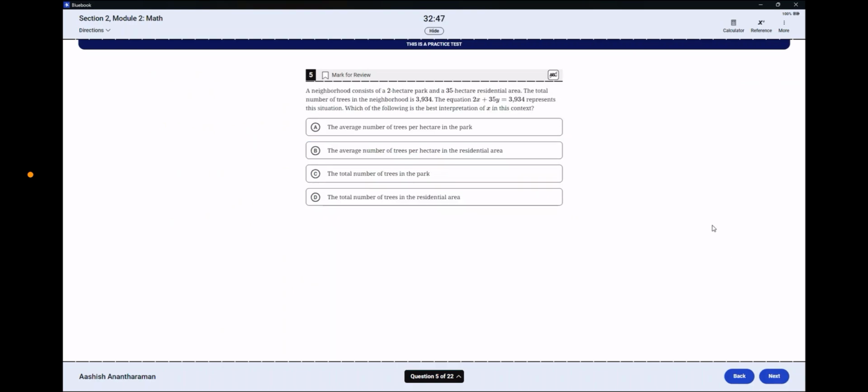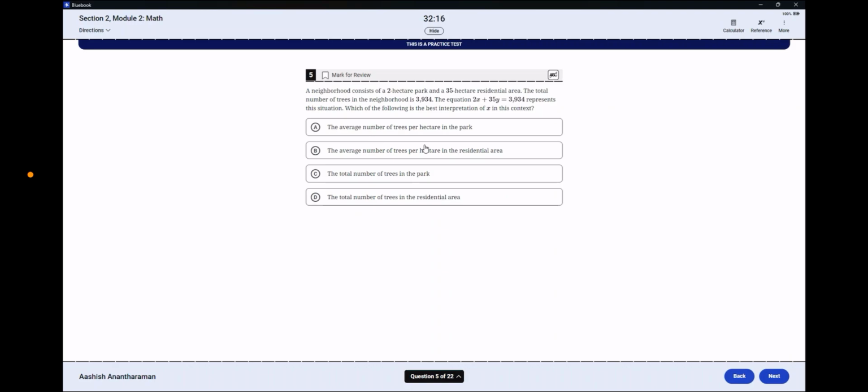A 2-hectare park and a 35-hectare residential area. The number of trees is this. Okay, so what is the best interpretation of x in this context? No, hold on. 2x is going to be the total number of trees in the park, and 35y is going to be in the residential area.